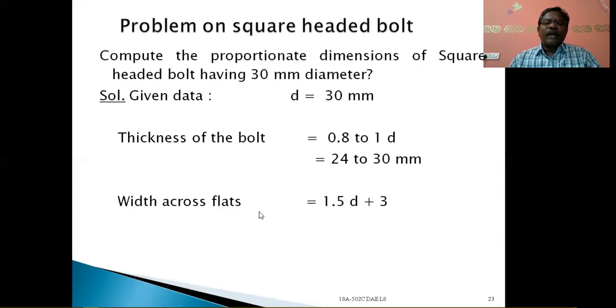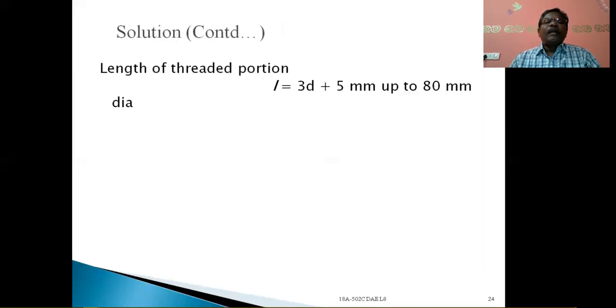And the width across flats is equal to 1.5D plus 3, and this will be 45 plus 3, that is 48. And length of the threaded portion, you can see L is equal to 3D plus 5D up to 80 mm, and our dimension is only 30 mm diameter. But here up to 30 mm the same formula we have to use for calculation of length of threaded portion.